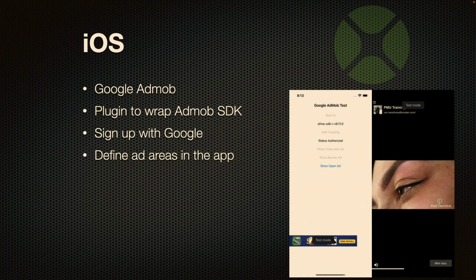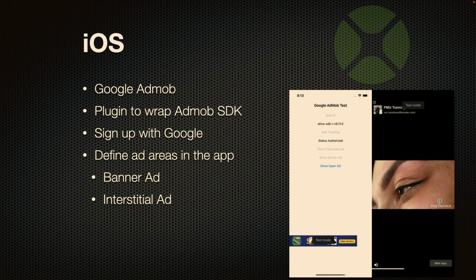And there are three possibilities. One is a banner ad, so this little banner on the bottom or top of your screen, which everyone tries to ignore. Then there's another ad between two things. When you, for example, finished a level in a game and you move to the next level, you can show this intermediate ad.